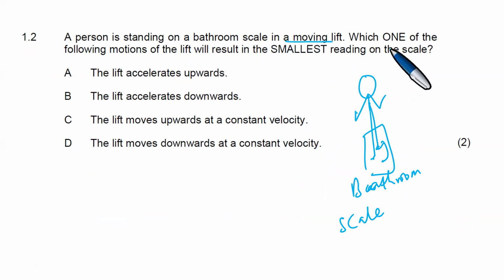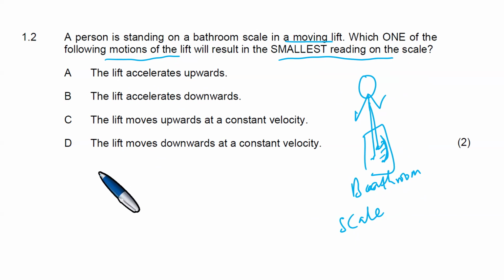Which of the following motions of the lift will result in the smallest reading on the scale? We want the smallest reading on the scale. So maybe they are too fat, but they want the smallest reading to make their friend happy that, you know what, this guy is not so fat, he's not so heavy, you are heavy.